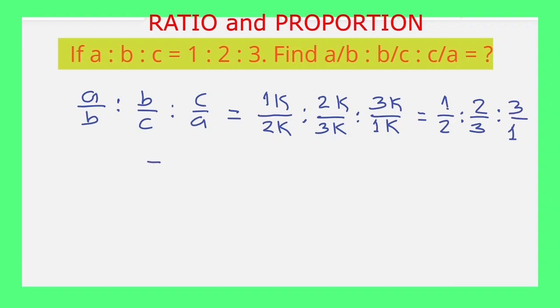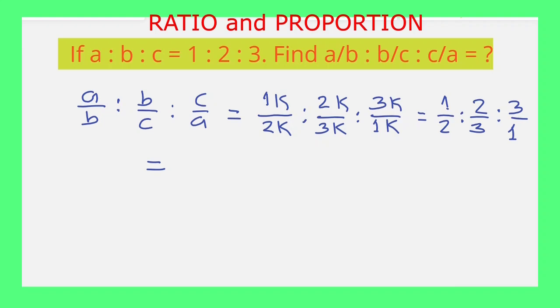As the ratio should always be written in whole numbers and not in fractions, we multiply it by the LCM of the denominators 2, 3 and 1, and the LCM is 6.